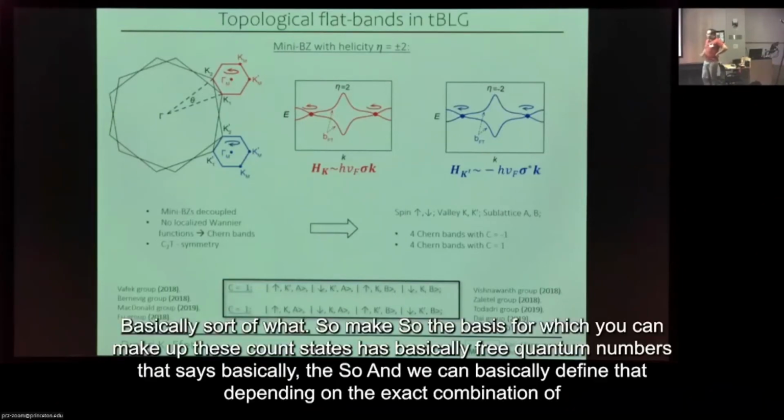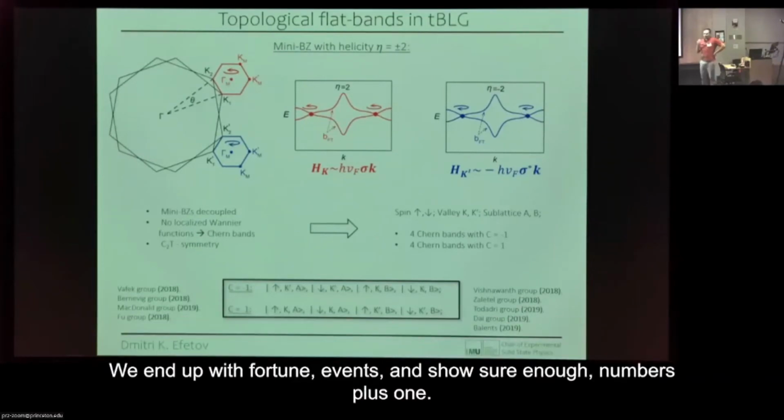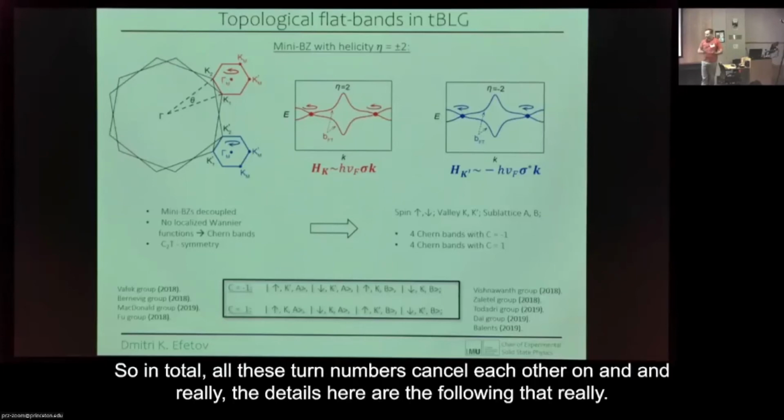Depending on the exact combination of spin, valley, and sublattice, we end up with 4 Chern bands which have a Chern number of -1, and 4 Chern bands which have a Chern number of +1. So in total, all these Chern numbers cancel each other out. The details are the following: for example, a spin up K prime, B sublattice has a Chern number of -1, and a spin up K and A sublattice has a Chern number of +1.